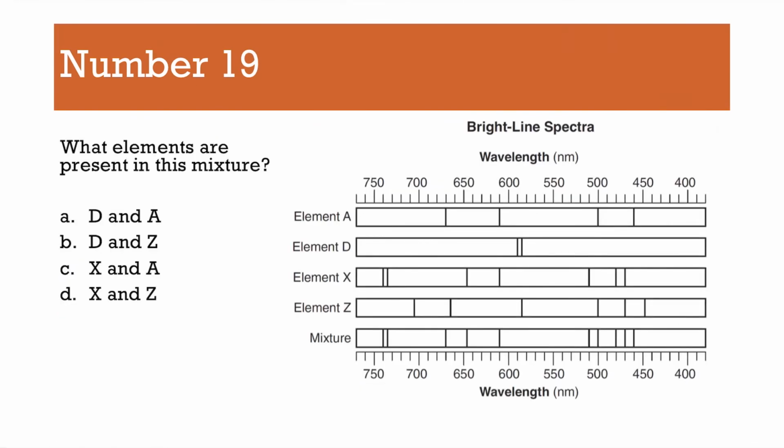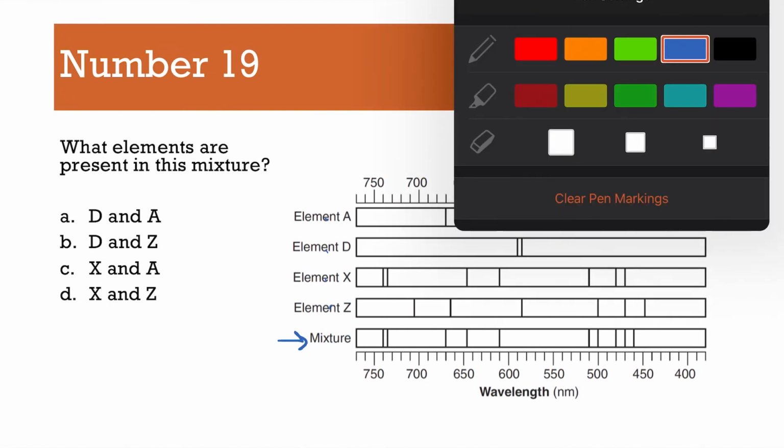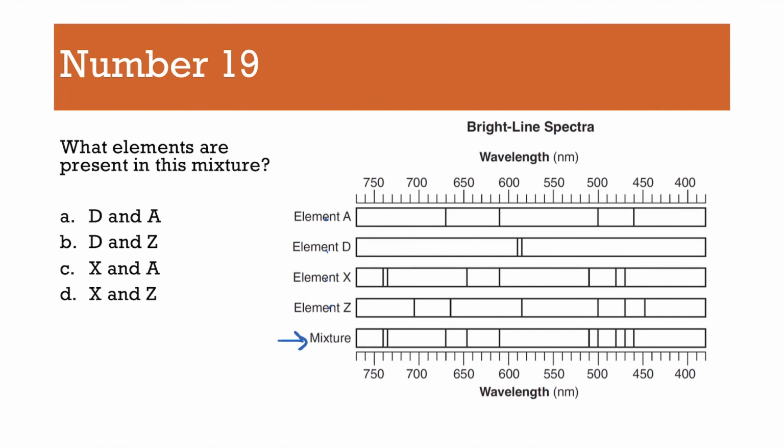Okay, number 19. These are some of my favorite types of questions. What elements are present in this mixture? So here is your mixture, and here are 4 possible options, or 4 possible pieces that could make up that mixture. So one of the easiest things to do is to assign every line to a specific element.